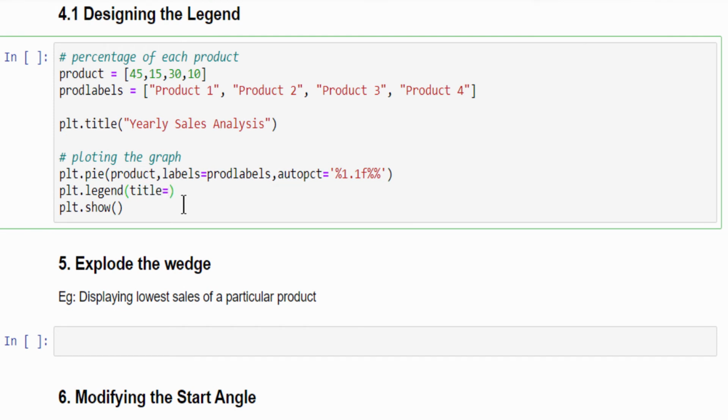Title, I want to mention it as product details. Then loc, location, best. Then bbox underscore to underscore anchor equal to 1, 0.5, 1.